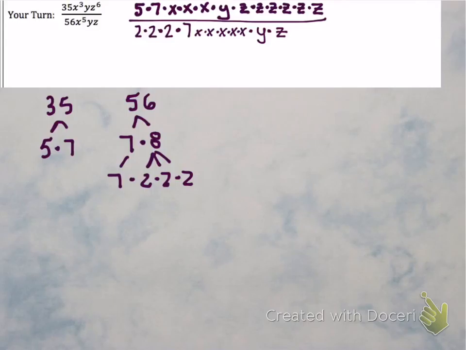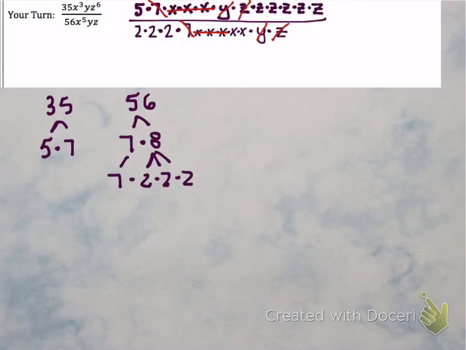So I've broken down the numerator and denominator into their prime factorization, and then I want to simplify by canceling. They both have a factor of 7 that I can cancel. I can cancel out 3 factors of x in the numerator and 3 in the denominator. I can cancel out the factors of y, and I can cancel out 1 factor of z in both numerator and denominator.